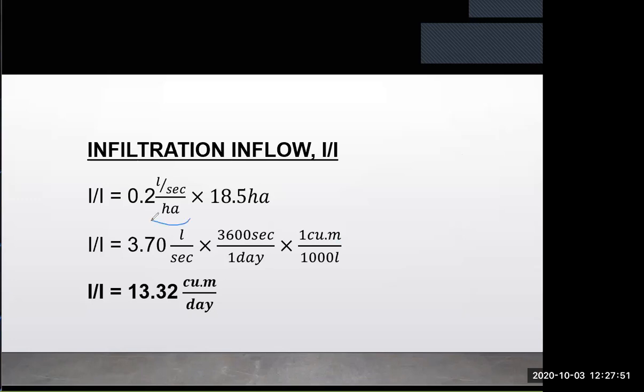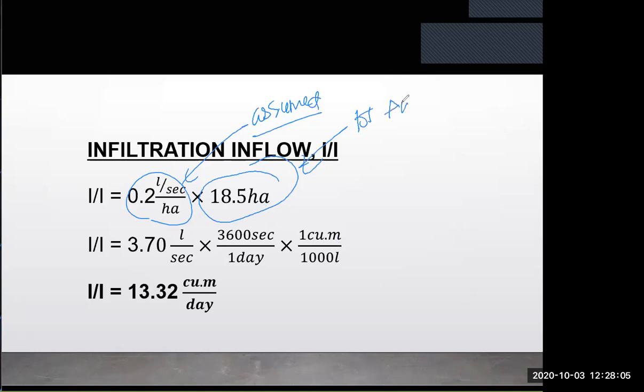Possible lang yan. It is assumed that your infiltration flow will be 0.2. So, multiply that by the area or the lot area, given kanina class in the first page. And then you just convert it to cubic meters per day.